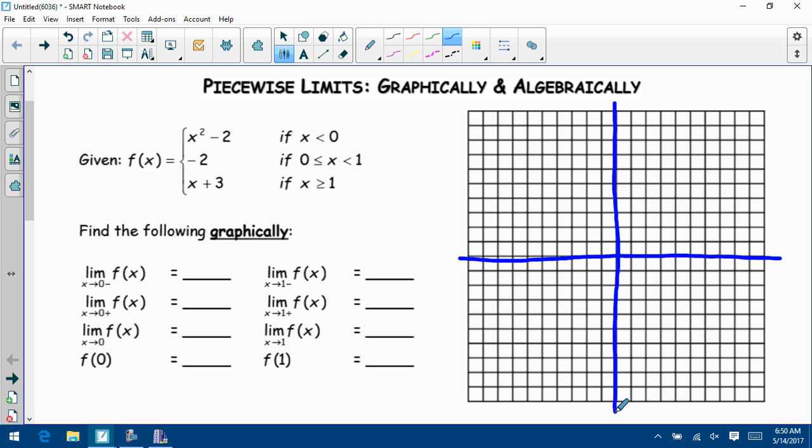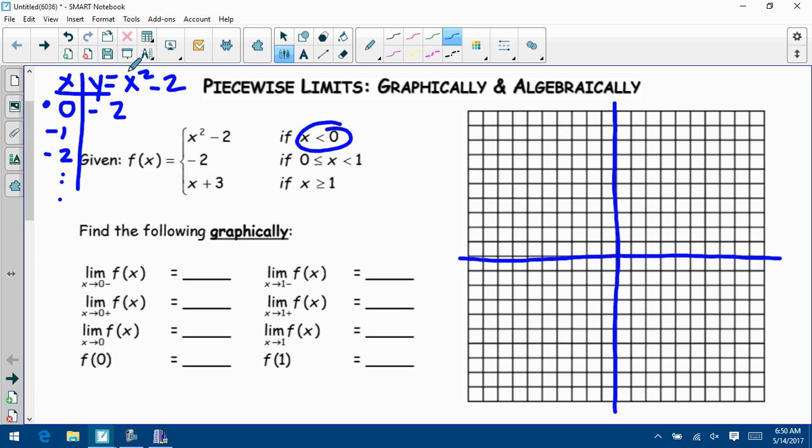Okay, I need to graph each of these. So if I want to graph x squared minus 2, make a little table up here. This is y equals x squared minus 2. Remember the values we're allowed to use. X values have to be less than 0. So we need to pick 0, but remember that's going to be an open circle. I'm going to have to go -1, -2, dot, dot, dot. I plug in 0. 0 squared minus 2 is -2. I plug in -1. -1 squared is 1.